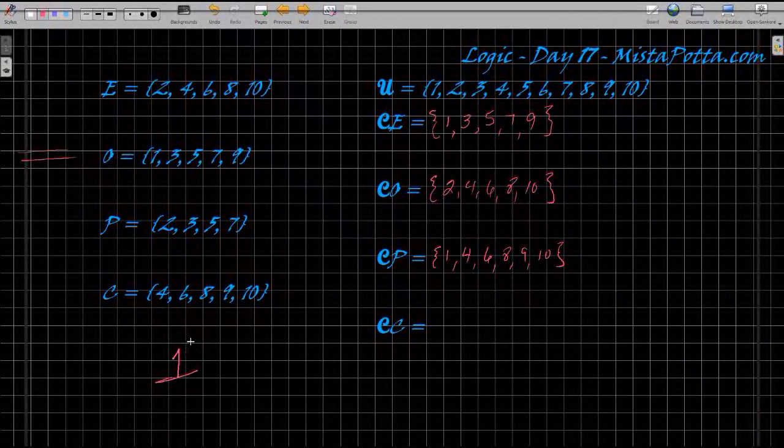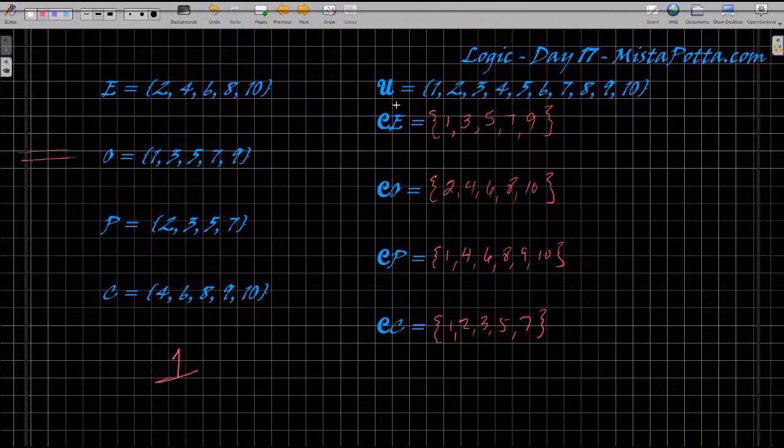And so this complement of P is not the same as C. And similarly, the complement of C is everything that's not in C, which is 1, 2, 3, 5, and 7. In other words, everything that was in P plus the aforementioned 1.